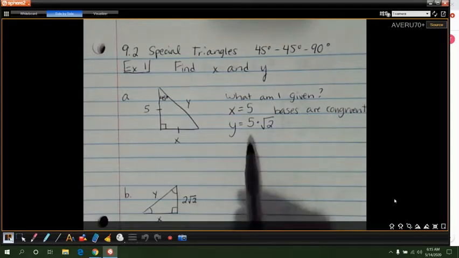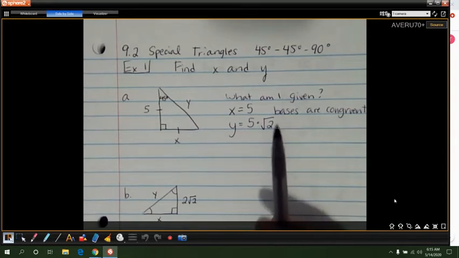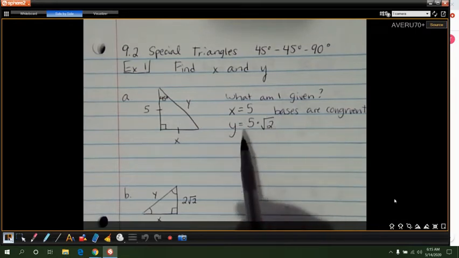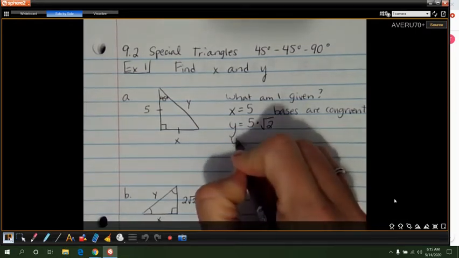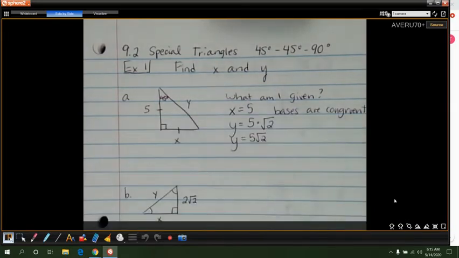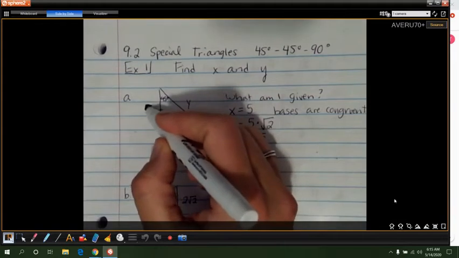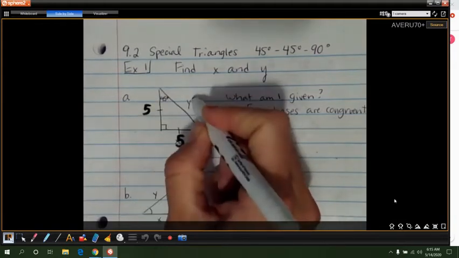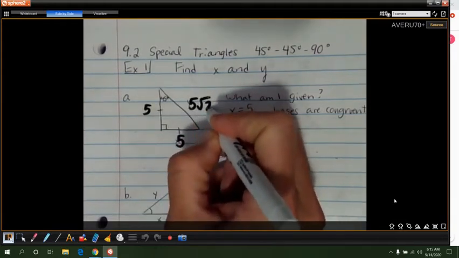If you have something that's out of jail and you have something that's in jail and nothing can simplify, then you'll just write your answer as 5 radical 2. I can actually show you this pattern many different times with just kind of covering this up. So anytime you're given the base, this base is 5, this base is 5, this is going to be 5 radical 2.